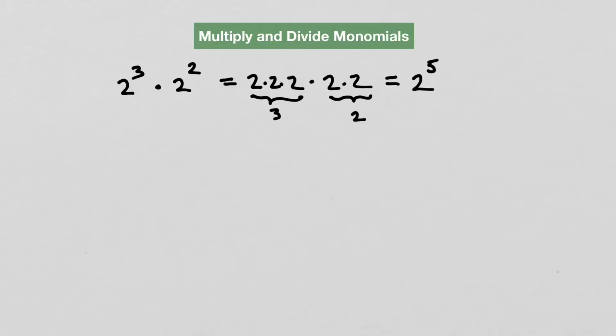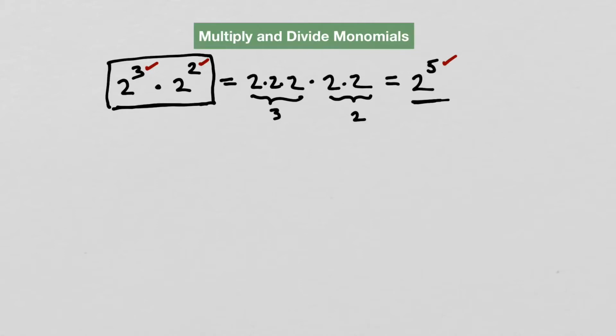Okay, now take a look at this answer and compare that to what we started with right here. What do you notice related to the exponents? The exponents 3 and the exponents 2. 3 and 2. Okay, and how does that relate to 5?